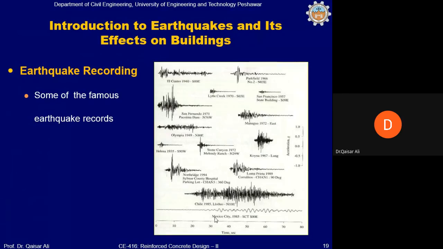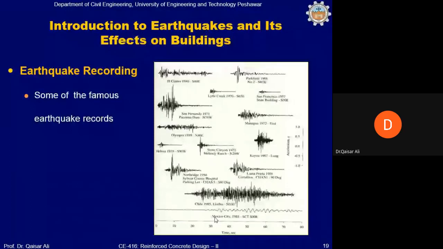However, in this Mexico City record, which was recorded in the far field region, the frequency is very low, the time period is high, and similarly, the amplitude is also very low. This is also a very classical example of the damage caused by this type of earthquake to high-rise buildings. This record was obtained around 350 kilometers from the epicenter, and many buildings got damaged.